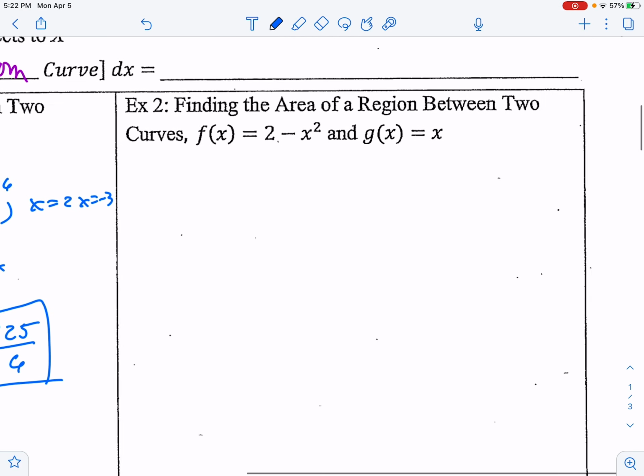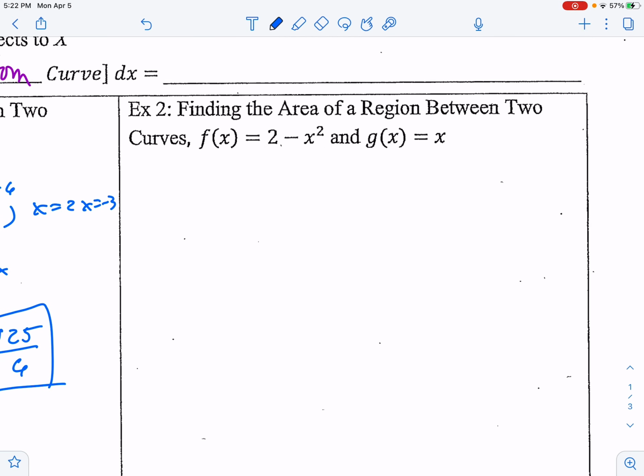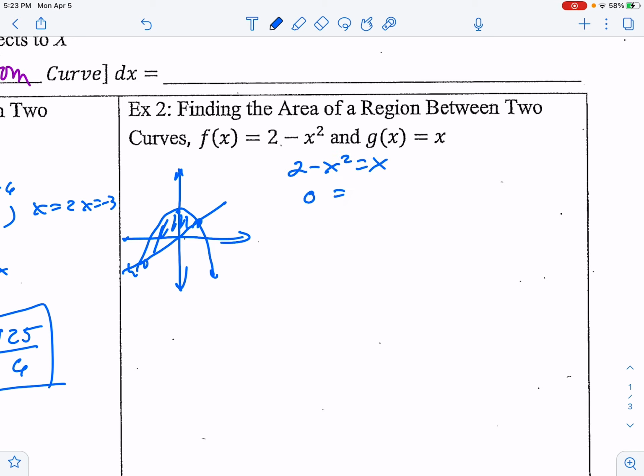Okay? Finding the area between two curves. Same problem, only this time it's up here at 2. Here's my line. Here's that. I need the intersection. So 2 minus x squared equals x. Set it equal to 0. You get x squared plus x minus 2. x minus 1 and x plus 2.